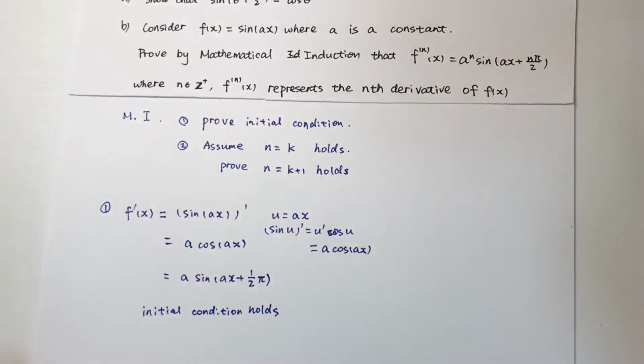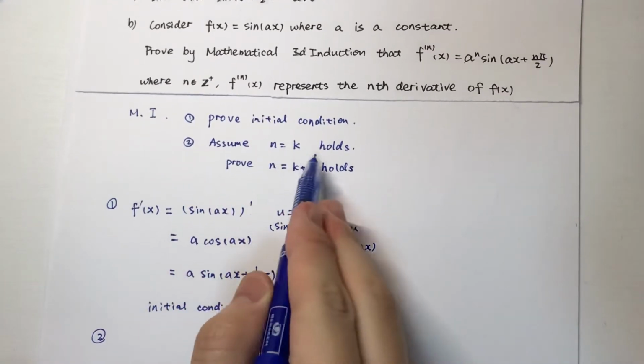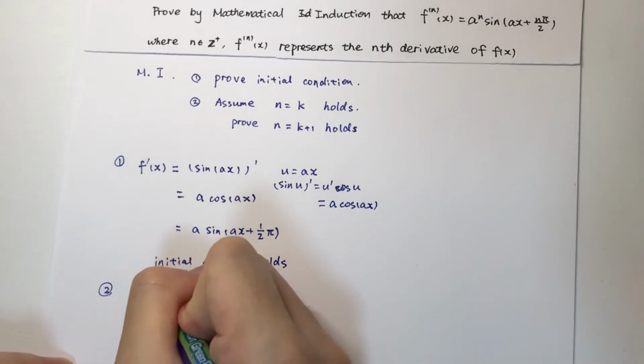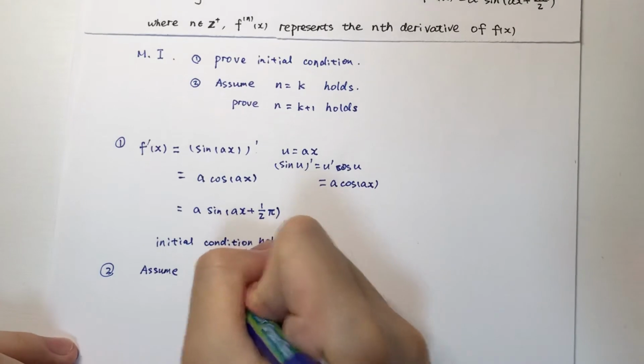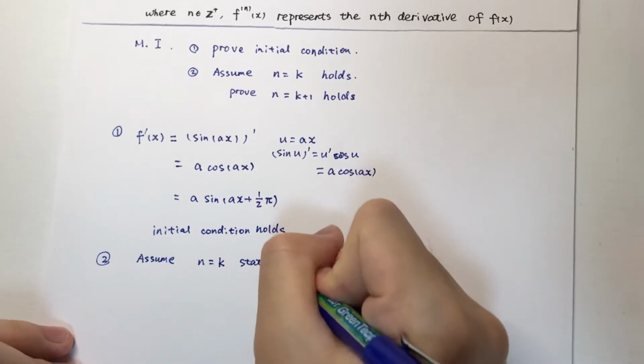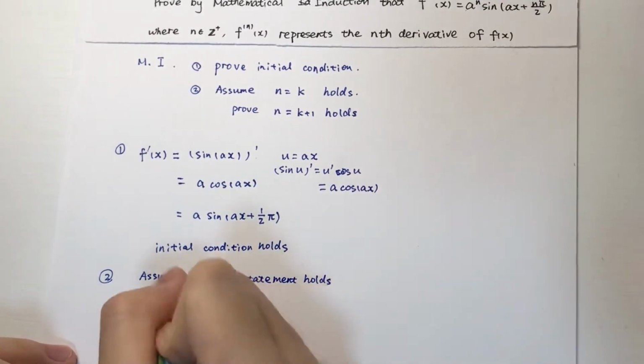That is part 1. And for part 2, we need to assume n equals k. So we assume n equals k, the statement holds. So that is what?